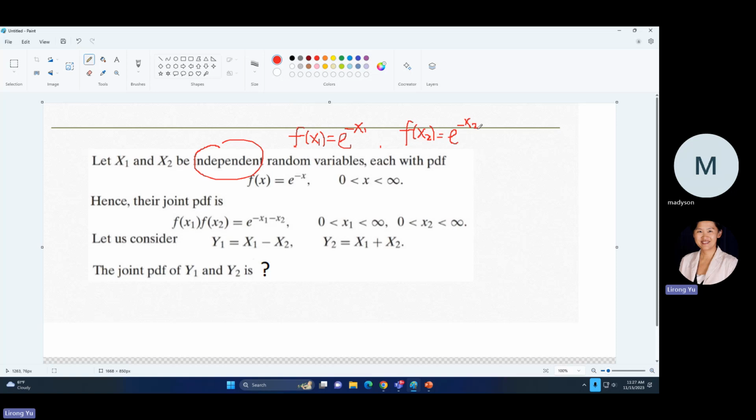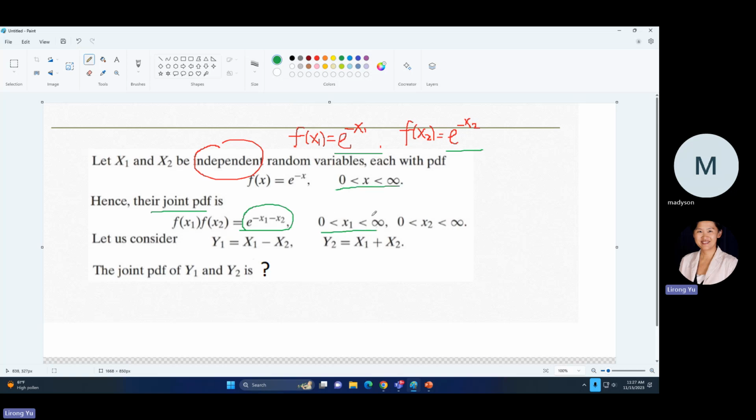We have to use two separate functions because they are separate variables. They follow the same distribution, but because they are random, they actually are different numbers. So if you want to find their joint density, you have to multiply them. We're going to take this one multiplied by this one. That's why we have this. That's their joint probability density function. And then the domain would also be the same.